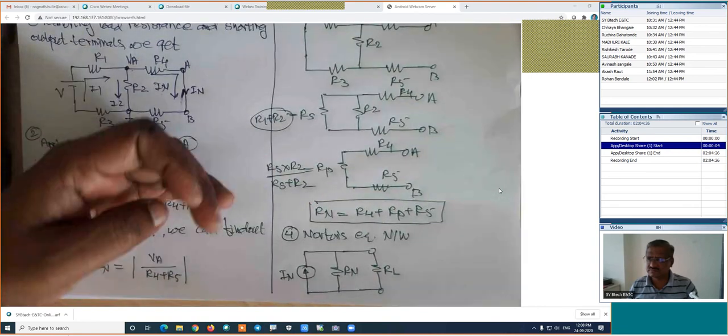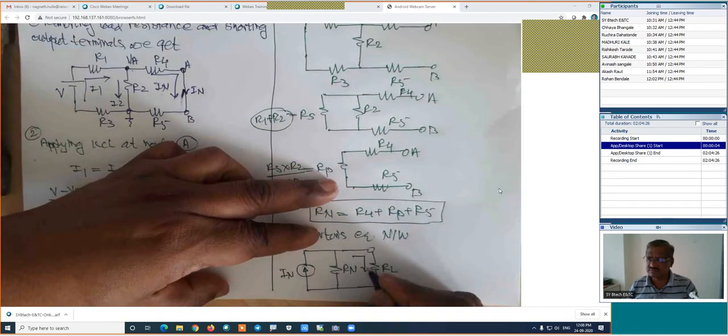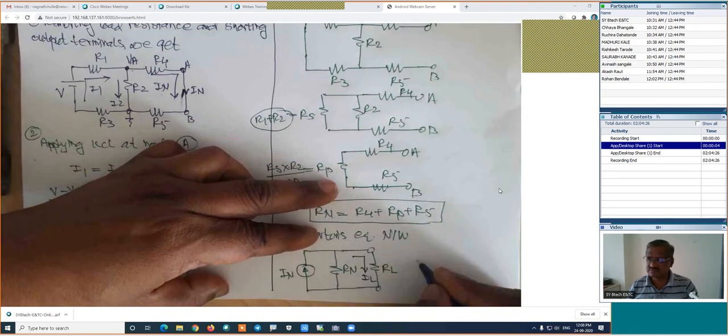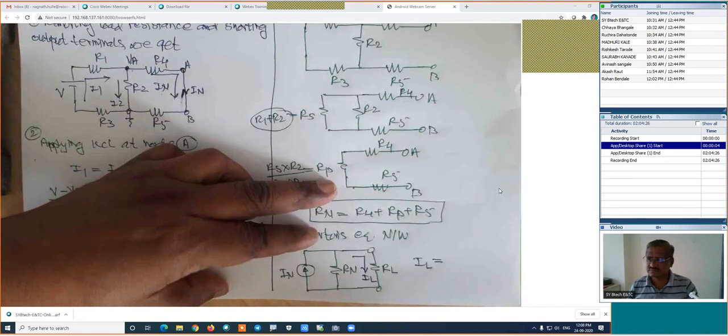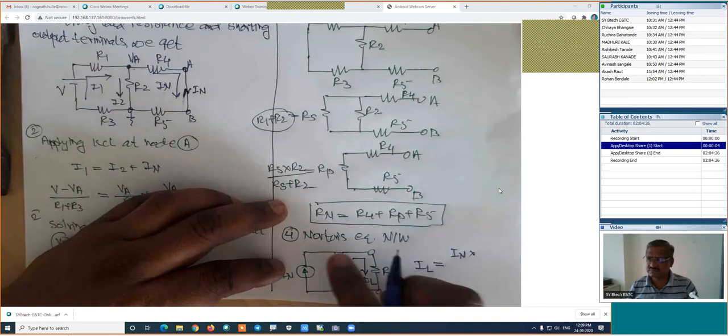No need to mug up the formula. Use the current division rule. If this current is IL, what is the formula for IL as per the current division rule? Total current, which is IN, into the resistance of the opposite branch. In this branch, current is known.